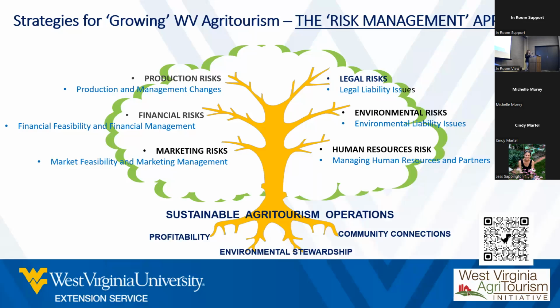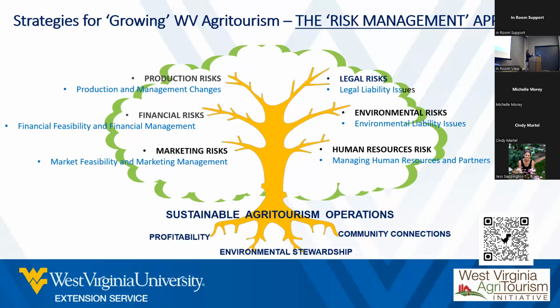But anyway, when we talk about risk management as it relates to business planning, there's a lot to uncover, right? So we tend to put them in 6 different buckets, so it's easier to deal with them. What are the production and management risks? What are the things I have to do? Because if agritourism relies on the farm, there are certain production and management things like, when do I plant my sunflowers so they're available at a particular time?